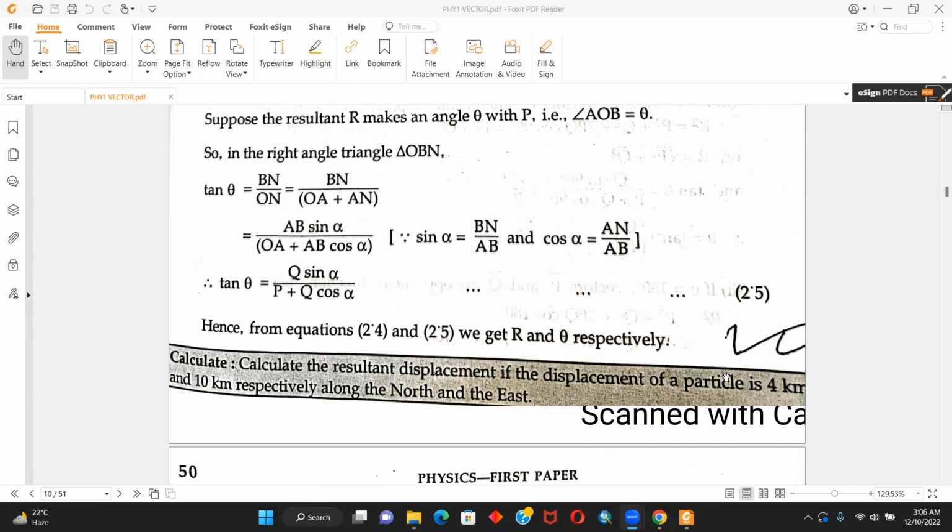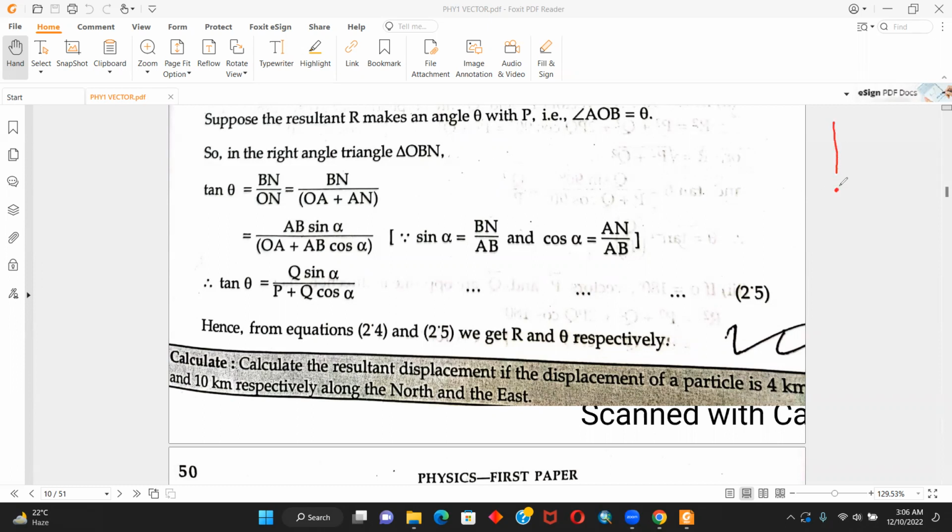I am able to do that. Okay. So, what you have to do is see resultant displacement. If the displacement of a particle is 4 kilometer and 10 kilometer respectively along the north and the east.